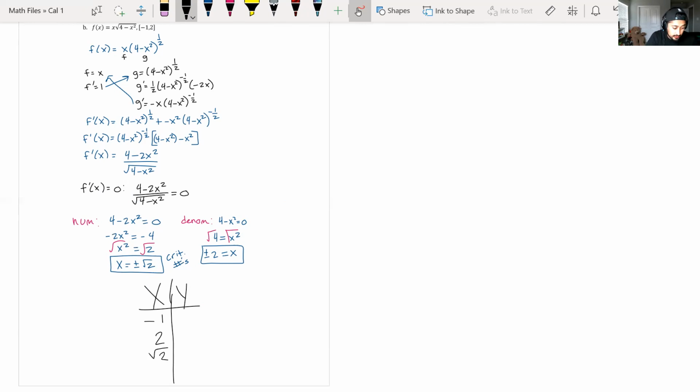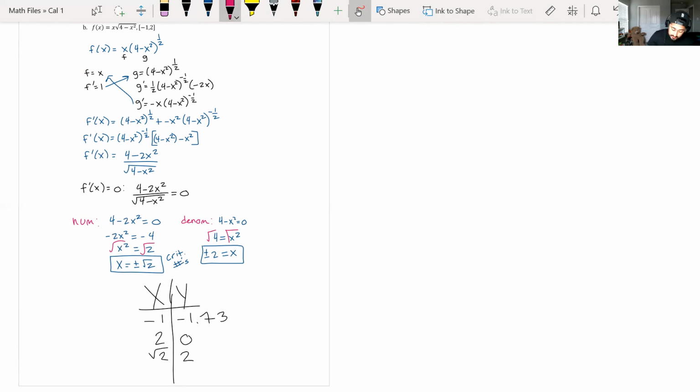x square root 4 minus x squared. Negative 1, I get negative 1.73. 2, I get 0. Square root of 2, I get 2.